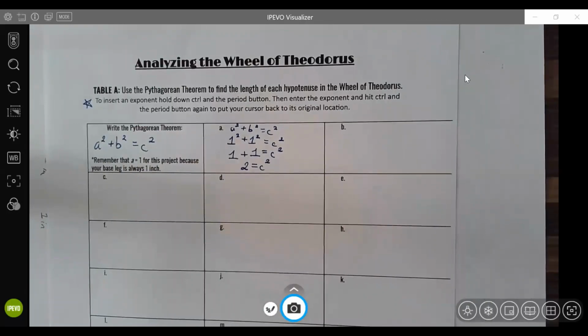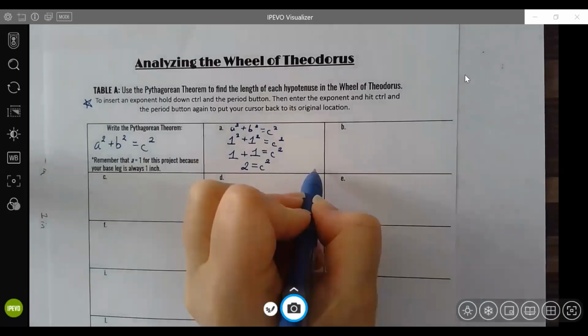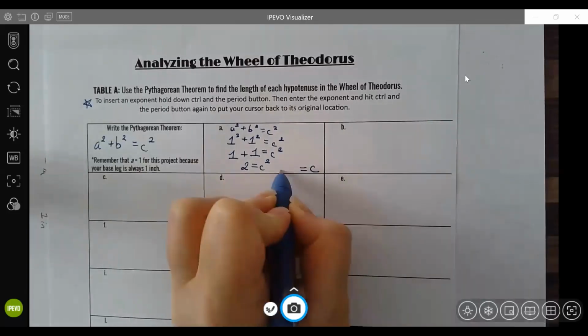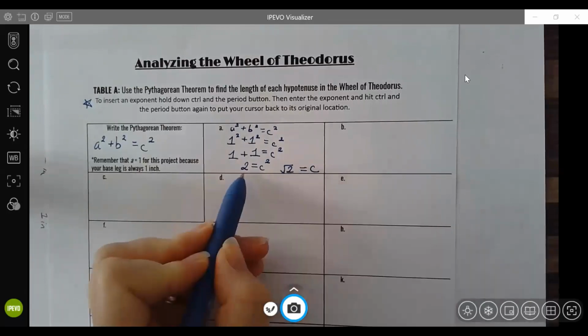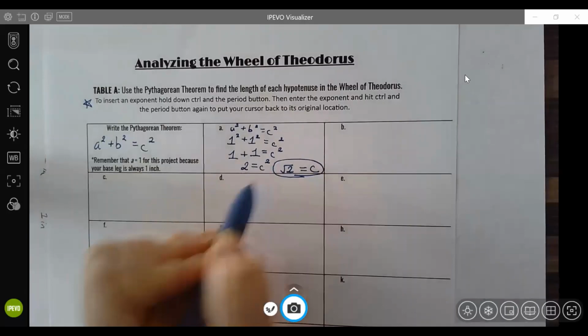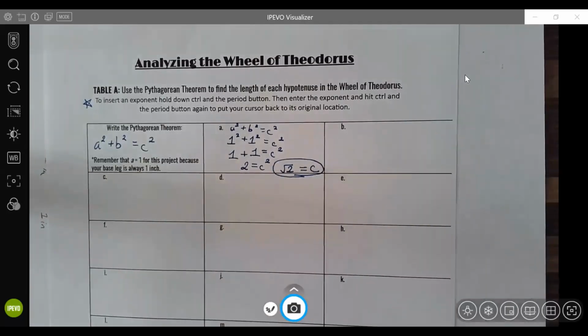I want to know what c by itself is, and so I need to find the square root of 2. Now, the square root of 2 is what we call an irrational number. It does not equal a whole number. And so I can leave it as the square root of 2.